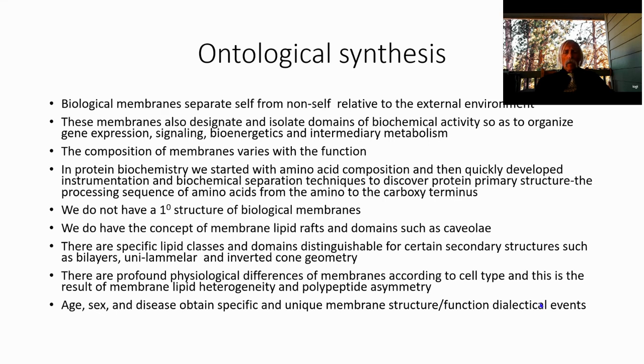Now, there are specific lipid classes and domains, and they're distinguishable for certain secondary structures, and that's what I was just talking about. So, we have secondary structures of polypeptides, like alpha helix or beta pleated sheet, right? When lipids, and in membranes, we talk about bilayers, which is your classical image in your mind of a bilayer, right?